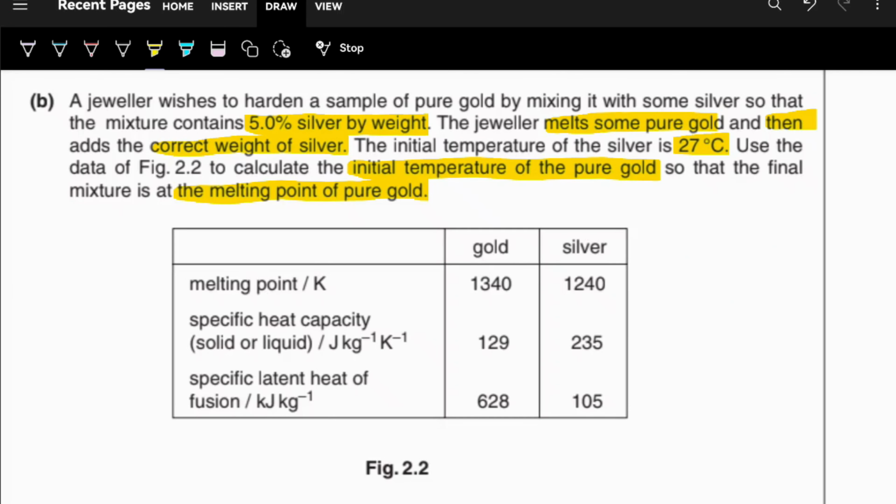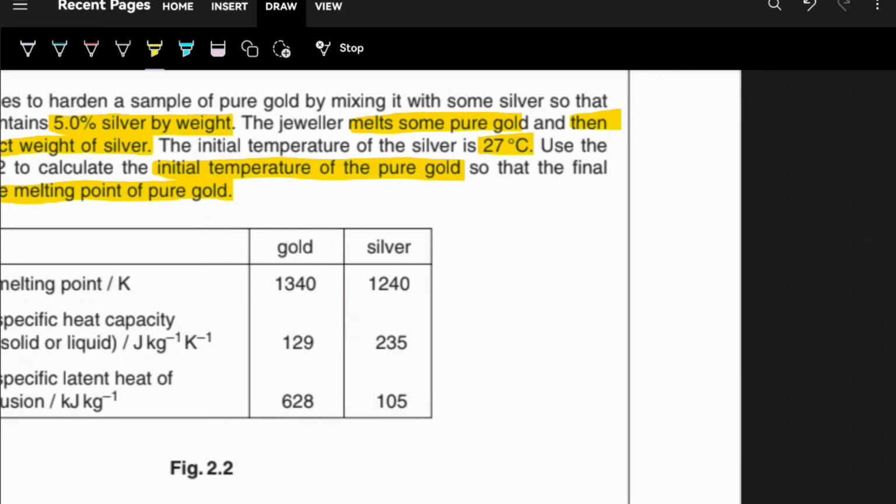So if we were to look at it like this, we have gold, we have silver, right? So initial temperature I denote as IT, okay? Initial temperature of gold is what we're going to find, so I'm going to put it as X. Silver is 27 degrees Celsius and in Kelvin it is 300. Why am I putting it in Kelvin?